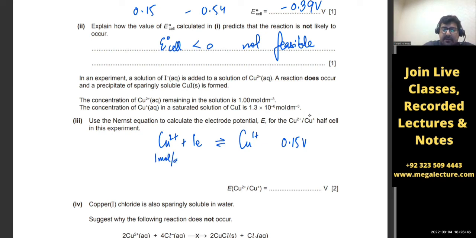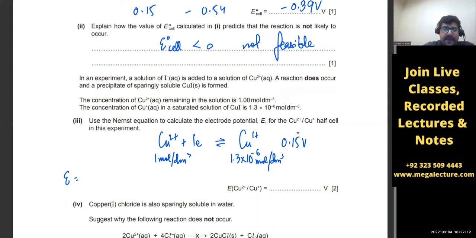Take your calculator out again. And copper 1 plus is 1.3 times 10 power minus 6 mole per dm cube, right? So you've got this reaction. What is the Nernst equation? You have to find the new potential because this one is the standard potential.